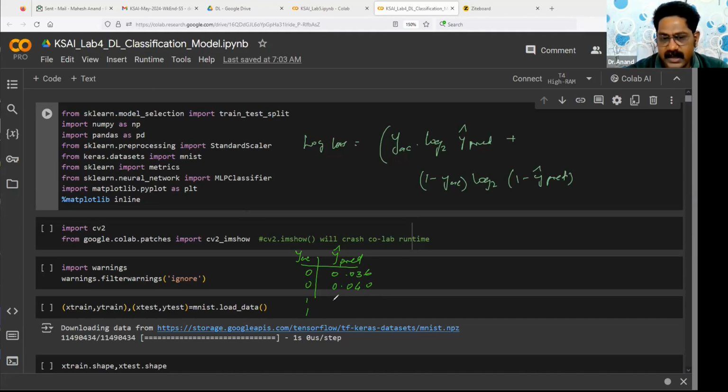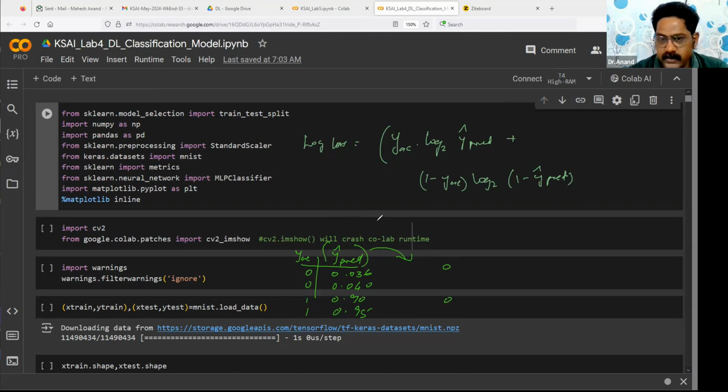Whereas for label 1, this is something like 0.90. This is 0.95. But strictly speaking, if you look inside this, it is one hot encoded. That is why in sklearn, you don't need to explicitly do the one hot encoding for the labels. sklearn internally will show the result in the form of 2 columns.